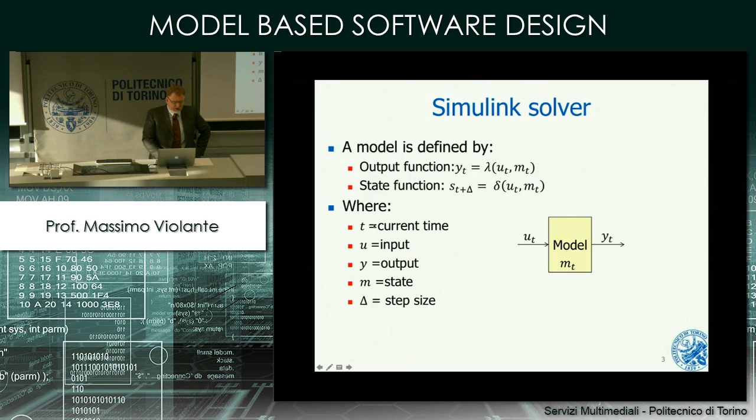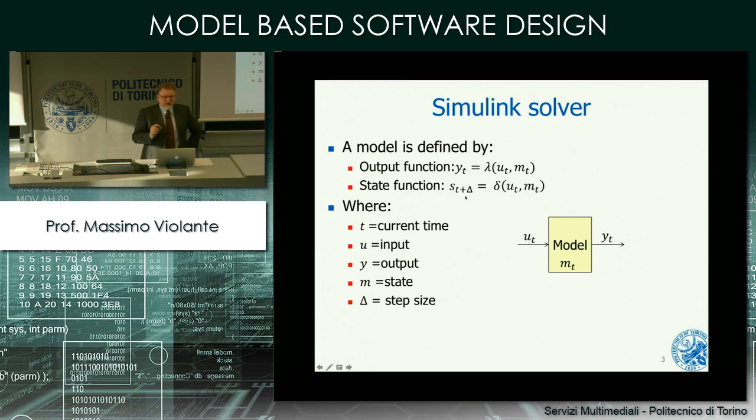So T is the time, U is the input, Y is the output, M is the state, delta, that you can see here, is the step size. What does it mean? Given the current time T, we define the next time for which we want to evaluate our model as T plus delta.